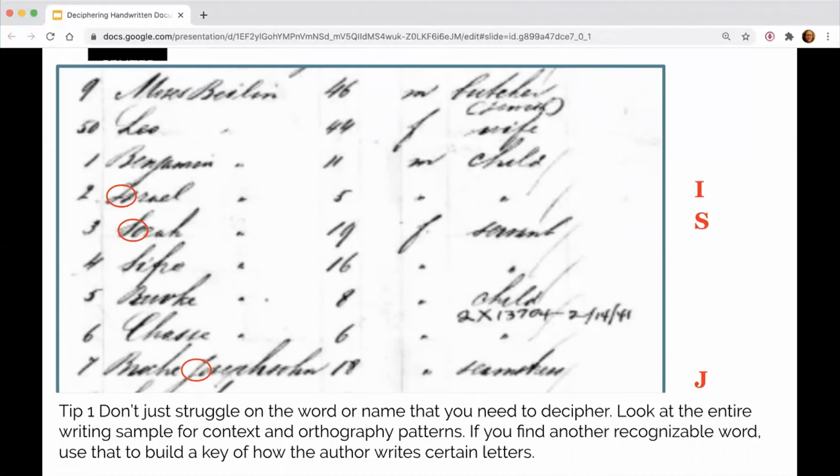If you just took a look close up at any of those letters, you might be confused between the I, the S, or the J. So take a look at the whole page, and that's also why in these help groups, it's a good idea to give the whole page so that whoever helps you out deciphering letters has some examples to look for.